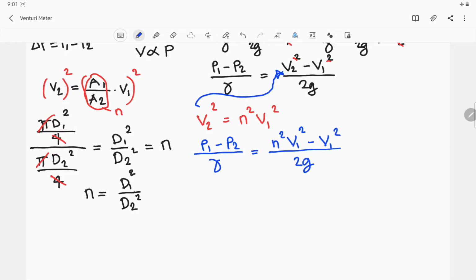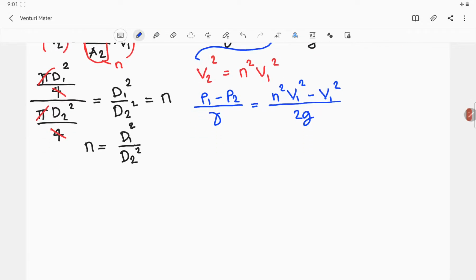We can factor out V1 because we need to express everything in terms of V1, which is what we want to solve, the velocity at point 1.